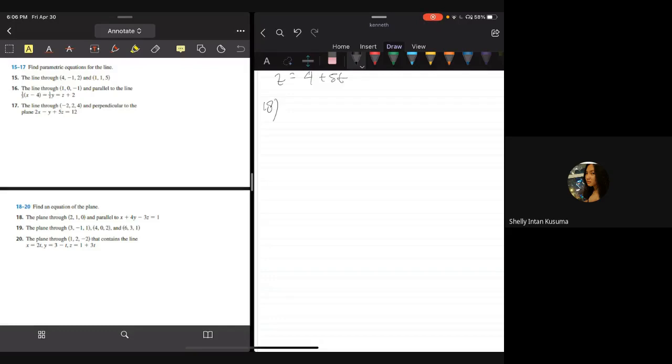Okay, for number 18, if you have two planes here that are parallel, then we'll have the same normal vector for both of them, right? So this one is the same direction. So we can just use the normal vector from the first plane, which is x plus 4y minus 3z equal to 1. So the normal vector is 1, 4, and minus 3.